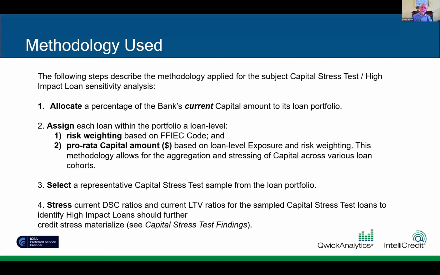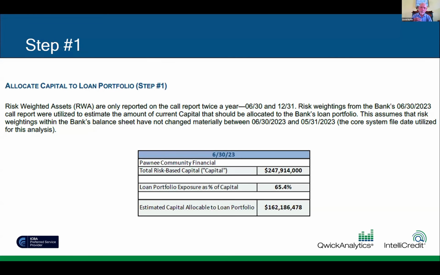We then select a capital stress test sample for the loan portfolio. We apply the stress, which is often enhanced if we can do that contemporaneous to a loan review engagement, because we then task our reviewers with real-time recalculation of key metrics, things like debt service coverage and LTVs.